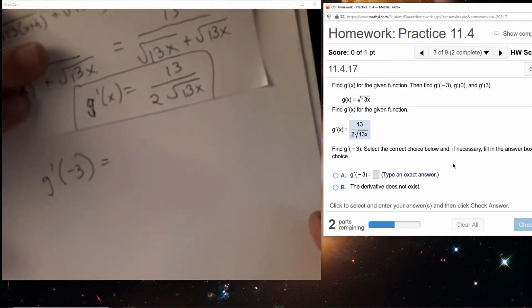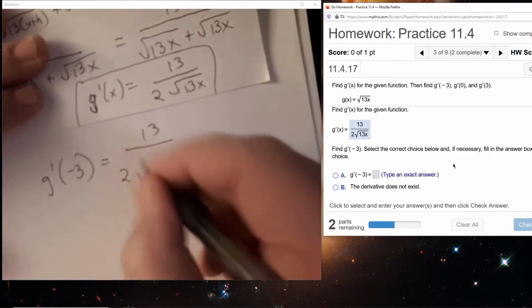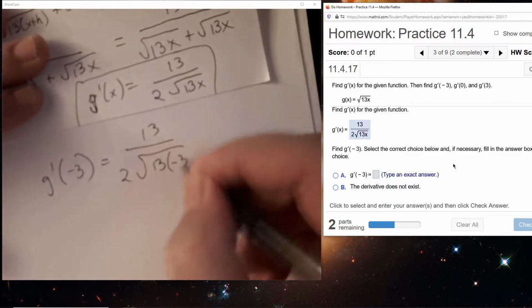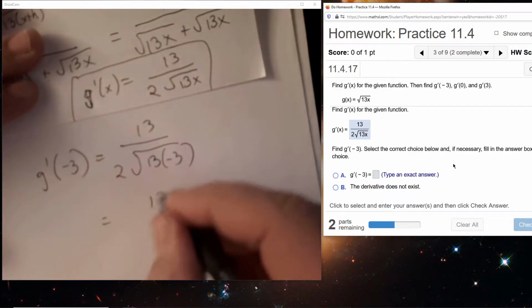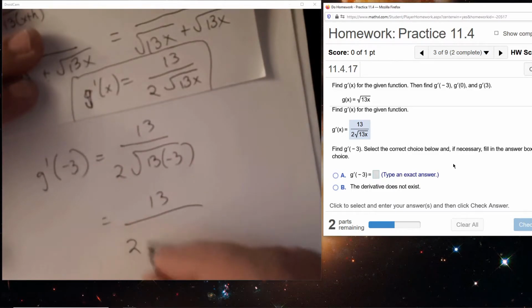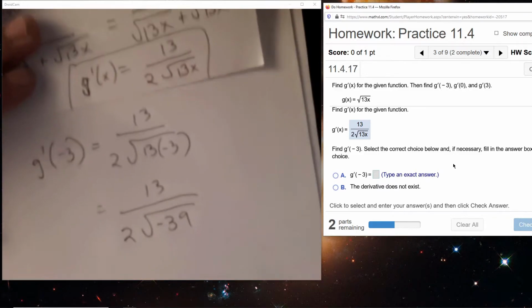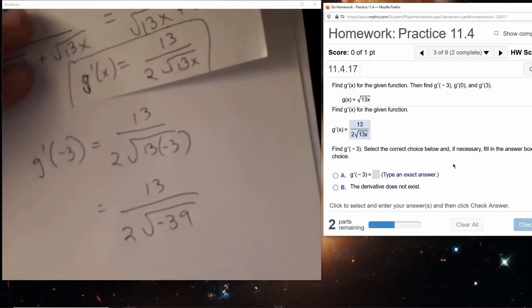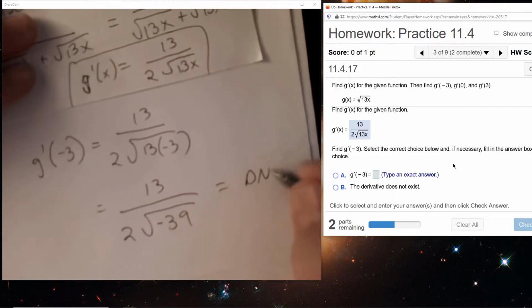Well, let's plug that into the derivative. Now notice, this will cause us to take the square root of a negative number. And you can't take the square root of a negative number, so this derivative doesn't exist.